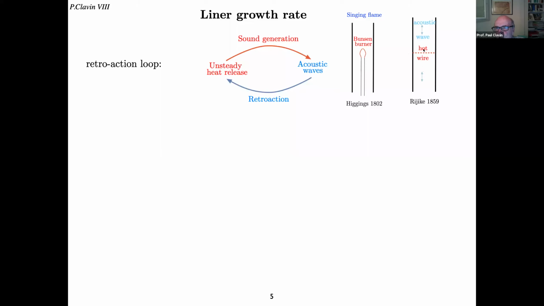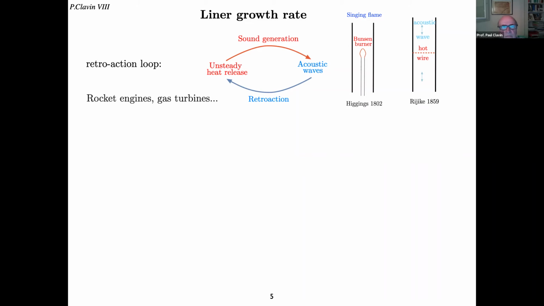For example, this hot wire is warmed up by electric conduction, and you change the position of this hot wire, and for some position you excite the sound wave, you hear the sound generated. So this is a sound which is generated by the heat release.